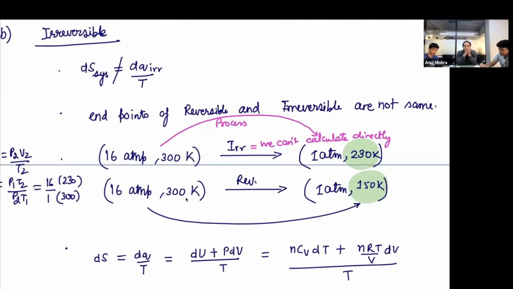Think about it. So dU is dq plus dw, dw is minus PdV, so minus PdV goes to the other side. That will become dU plus PdV, upon T. So dU is nCv dT plus P is nRT by V dV upon T. Done? So dS becomes nCv dT plus nRT dV upon V, upon T.